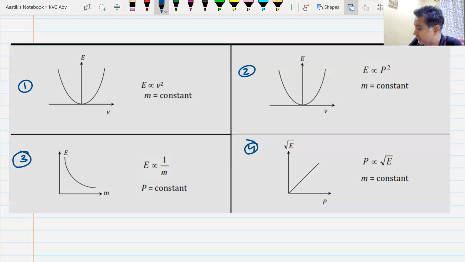Okay, so we have seen a few examples of relation between momentum and kinetic energy. Let us solve this question.